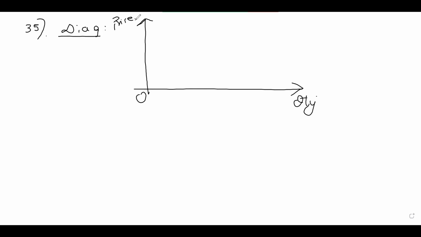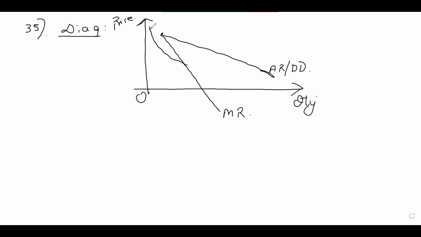We have the downward sloping average revenue curve, also called the demand curve, facing the monopolist. The monopolist has a downward sloping marginal revenue curve, which can even enter the negative axis. And we have the downward sloping average cost curve in case of a natural monopoly.